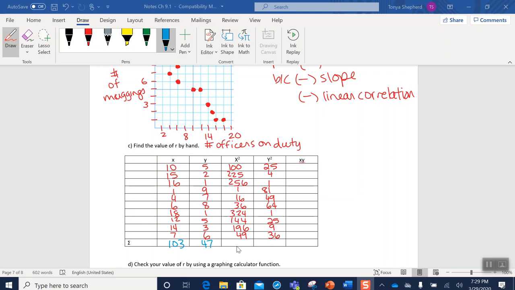And so if I add up this column, I get 1,347. And if I add up this column, let's see, I get 295.